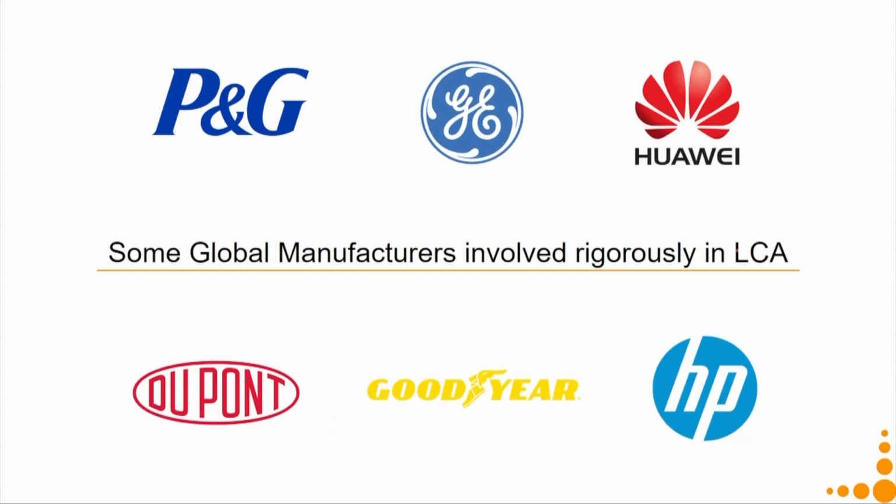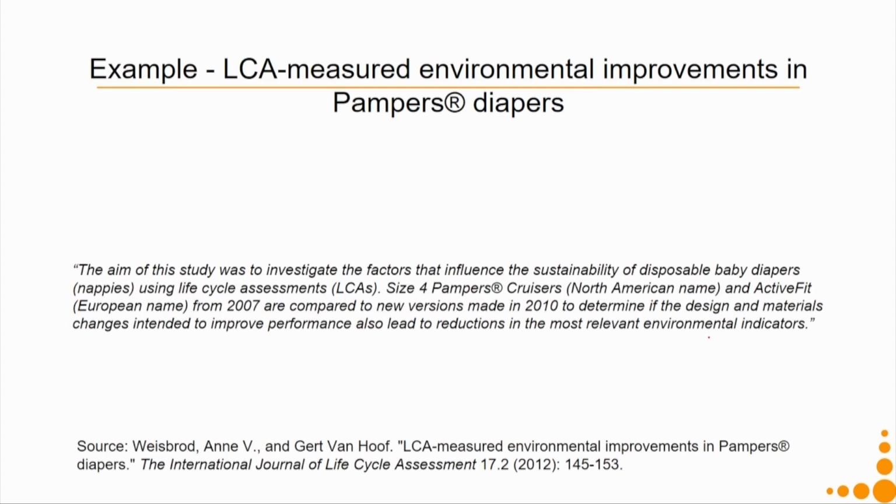There are many companies who use the life cycle assessment method very rigorously in the products that they try to develop. P&G, GE, Huawei, DuPont, Goodyear, HP, these are just a few big names to start with. You can read this particular paper which I have mentioned on this slide. It talks about life cycle assessment measured environmental improvements in Pampers, the diapers.